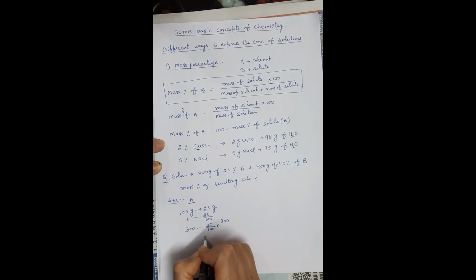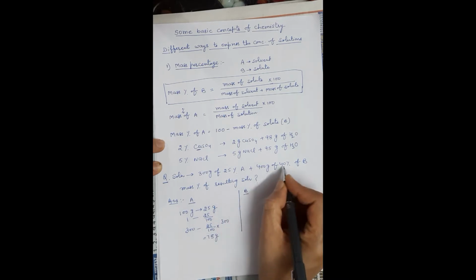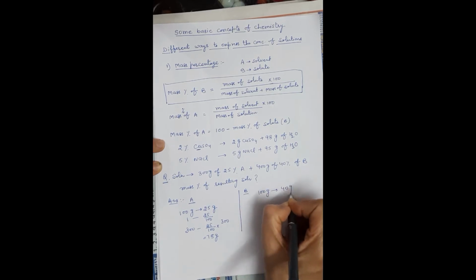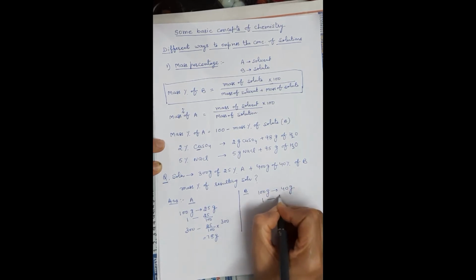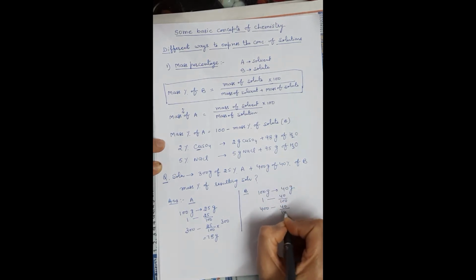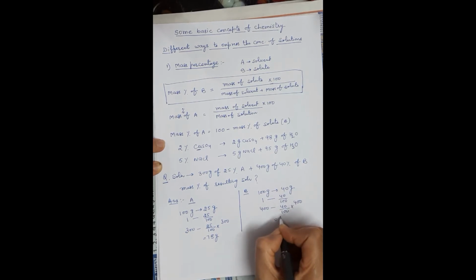And you know it comes out to be 75 grams. See what happens in case of B. 40% of B is there. It means in 100 grams, 40 gram of B is there. In 1, it is 40 by 100. And in 400 grams, it is 40 by 100 into 400. You know it comes out to be 160 grams.